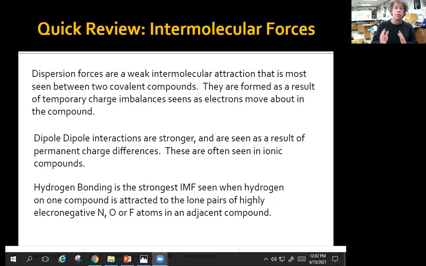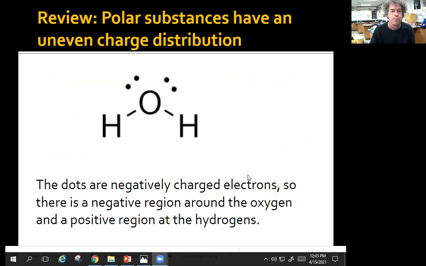Dispersion forces tend to be weak. They tend to be seen in covalent compounds like iodine, I2. Dipole-dipole is between something like NaCl and water, where it's an interaction between permanent differences in charge within the compounds. And then hydrogen bonding is a special case of dipole-dipole, which is with a hydrogen atom being attracted to the free electrons of nitrogen, oxygen, or fluorine.